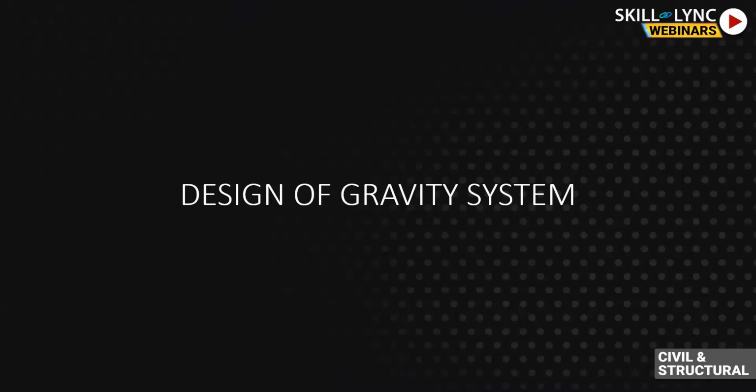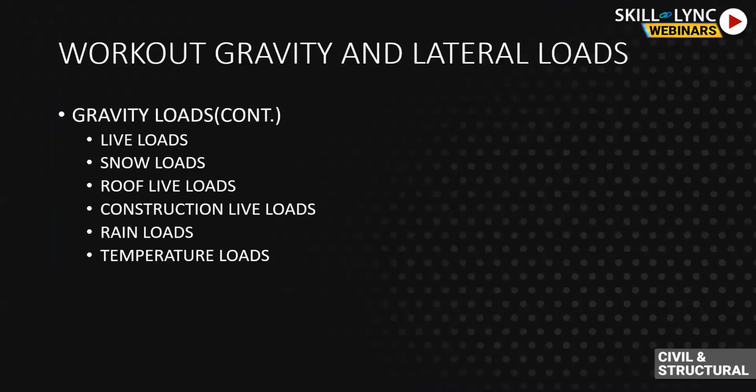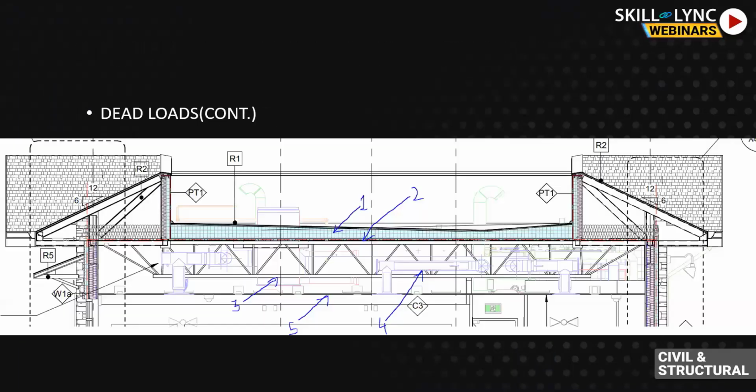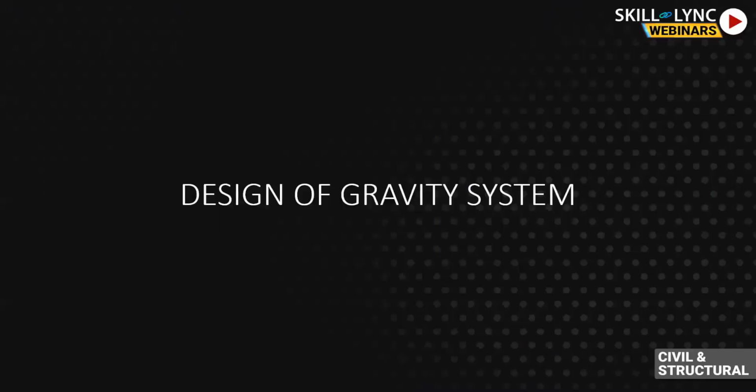So you should know what you are putting inside the software, which we talked about: computing dead loads, live loads, all other conditions, and putting those in the software. You should have a feel for all the input you're putting in, and similarly a feel for the output you get.